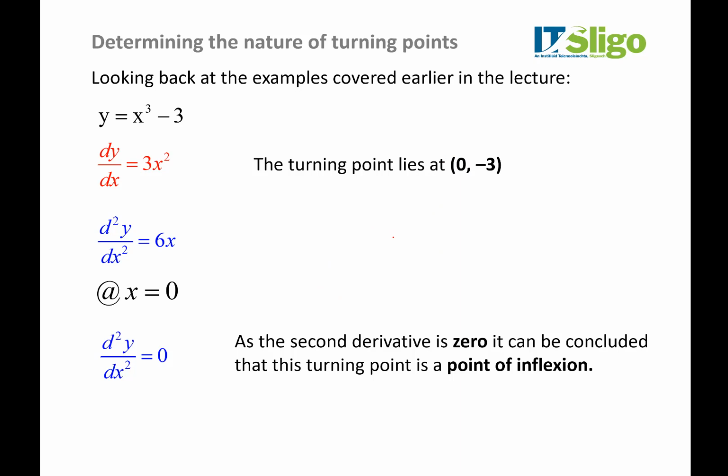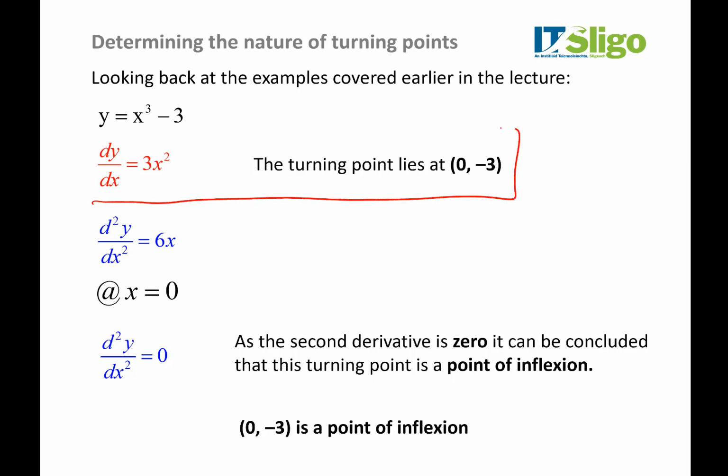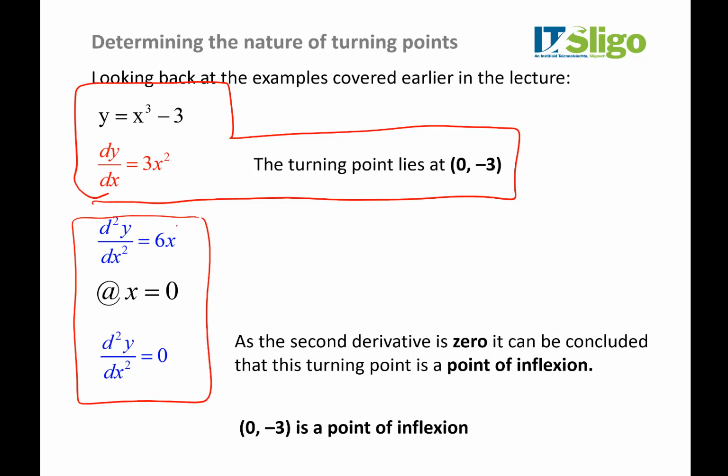So that's a point of inflection. Second derivative is 0. So there's our answer. You work your way through the system to find the turning point, as we've done in the earlier part of the lecture, and then you confirm the nature of the point using the second derivative.